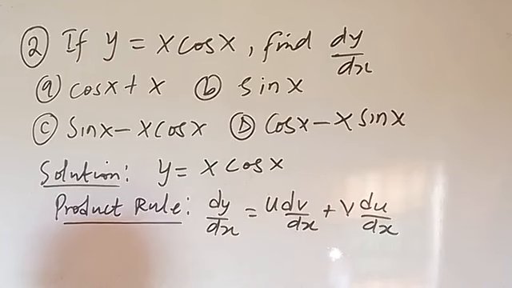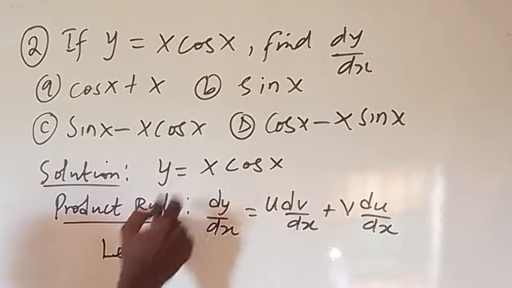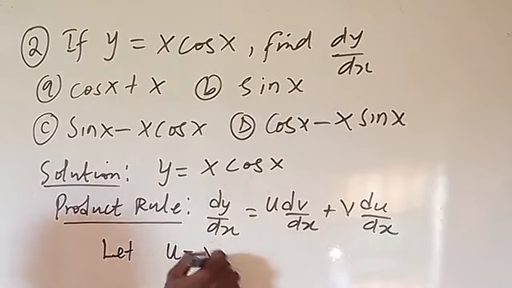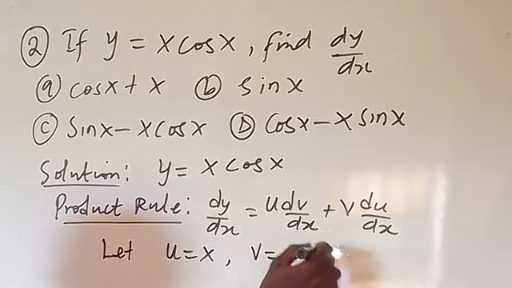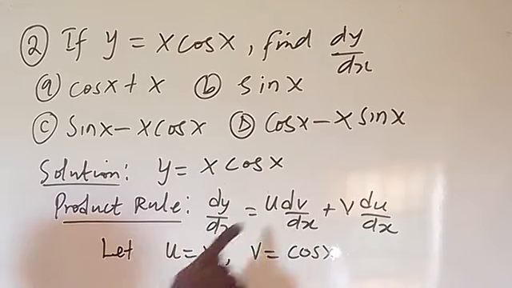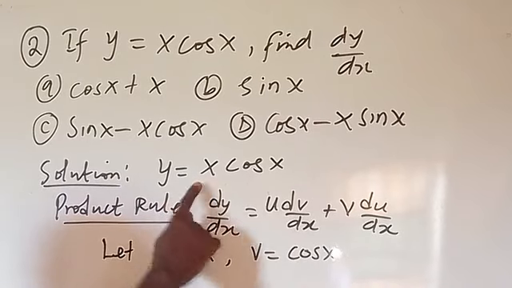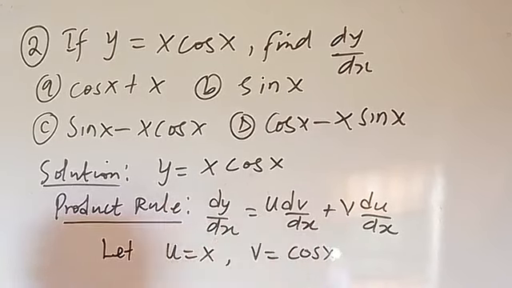So now my function, let u be x and v be cos x. So therefore u is one function and v is the second function.